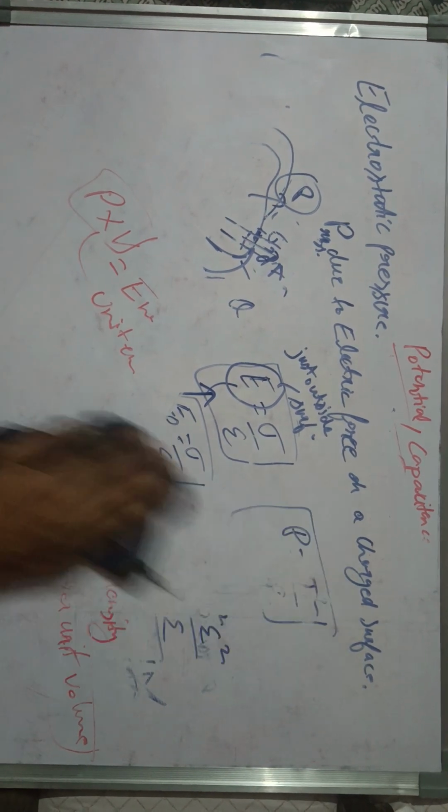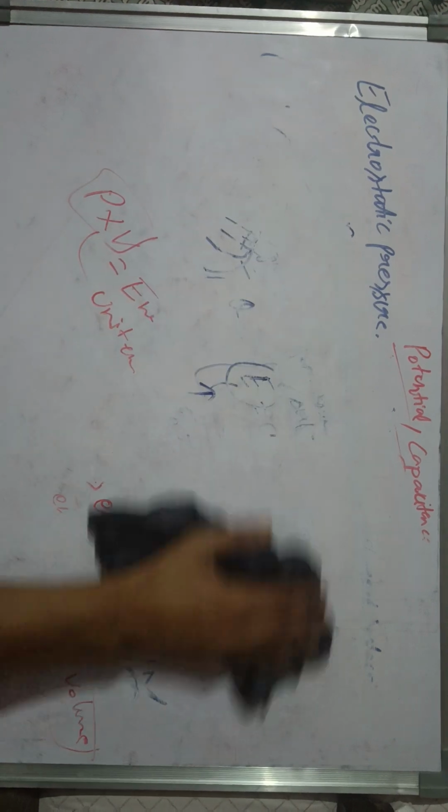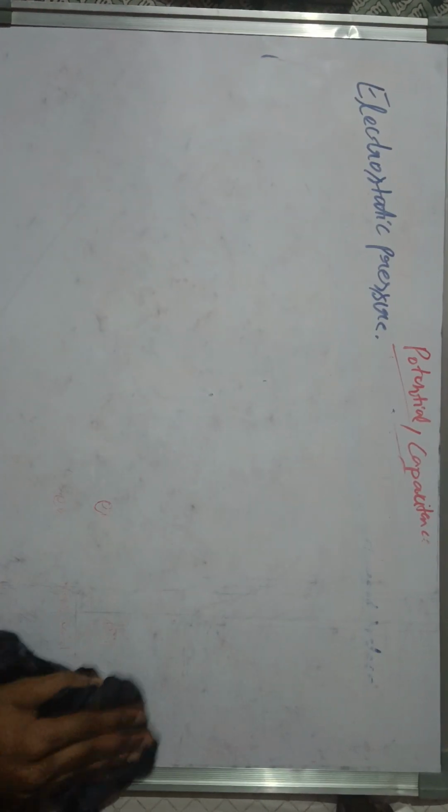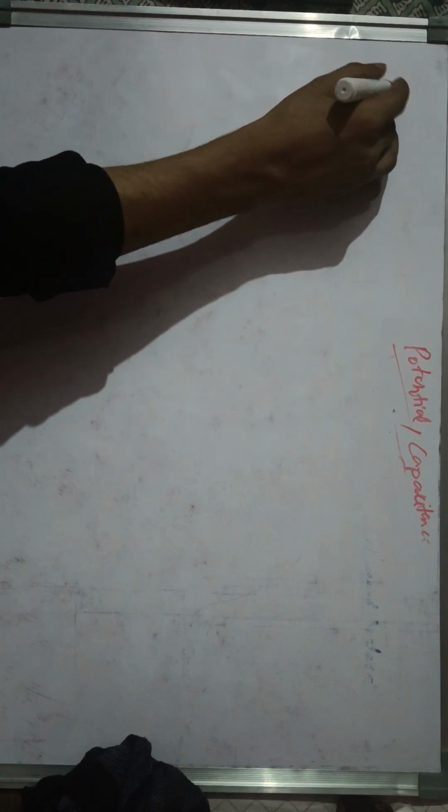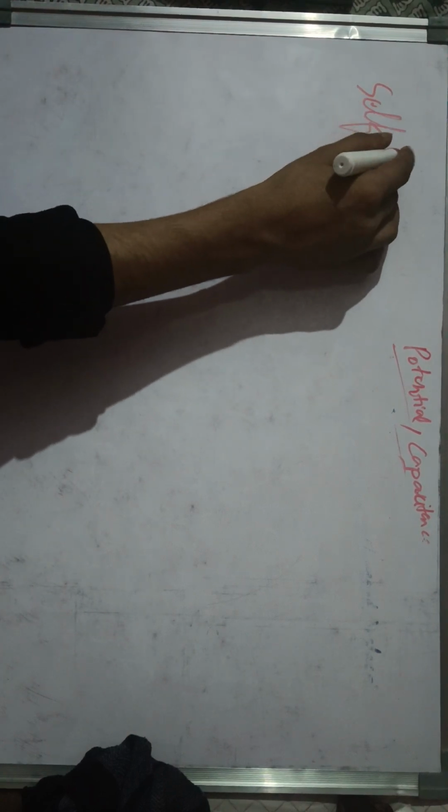Now moving ahead from pressure to energy, self energy. This was the electrostatic pressure due to the body itself, applying on itself. There is one more thing which is called self energy.